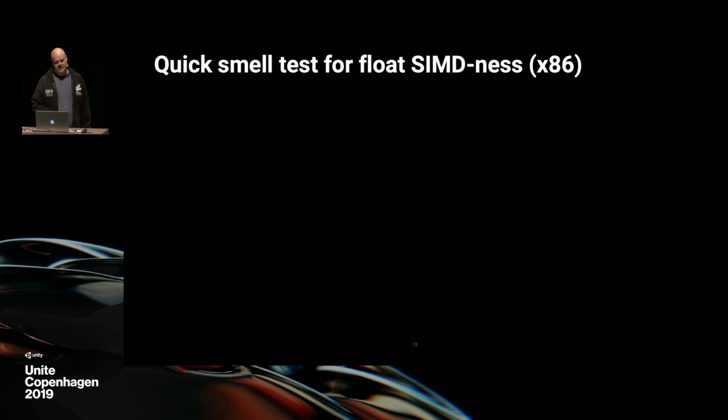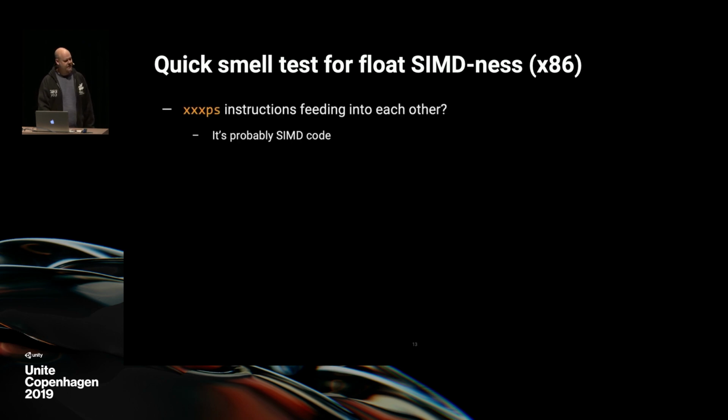Before we get into the examples, if you're not super familiar with reading x86 disassembly, I'm going to give you my quick smell test for float SIMD-ness for x86. If you see an instruction ending in PS, that's an instruction that works on packed singles, so it is a SIMD operation. And if you see such instructions feeding into each other without a lot of intervening noise, it's probably SIMD code. Great.